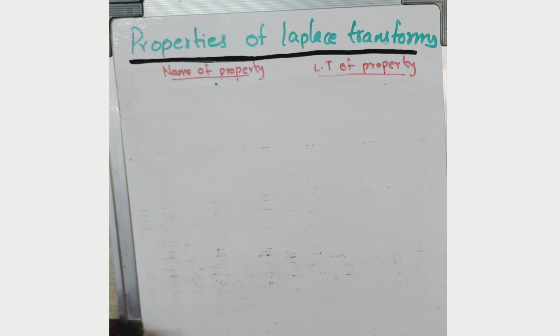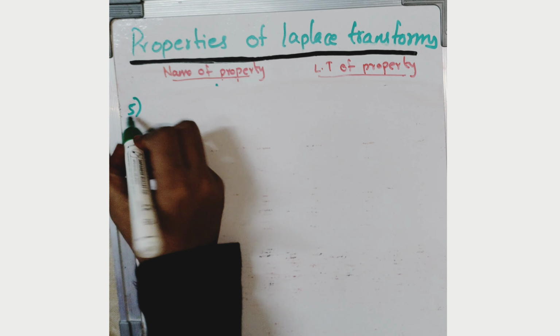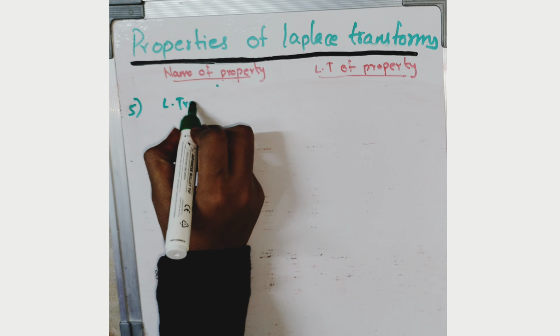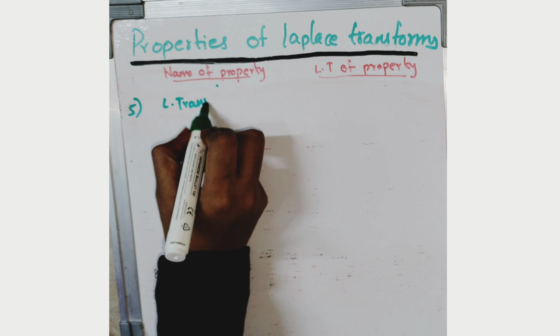Okay. Now we'll go to another property, which is the Laplace transform for derivatives. So the Laplace transform of the derivative, that is f dash of t, is s into Laplace transform of f of t minus f of 0.